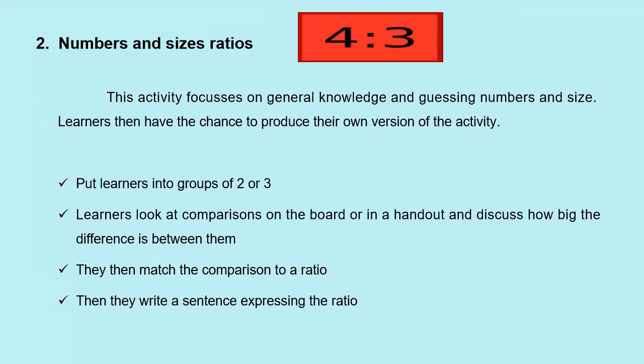First, we put learners into groups of two or three. Second, learners look at comparisons on the board or in a handout and discuss how big the difference is between them. Third, they match the comparison to a ratio. Then they write a sentence expressing the ratio.